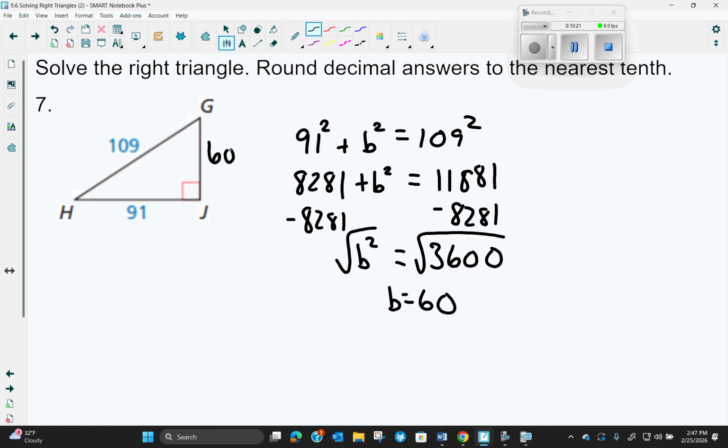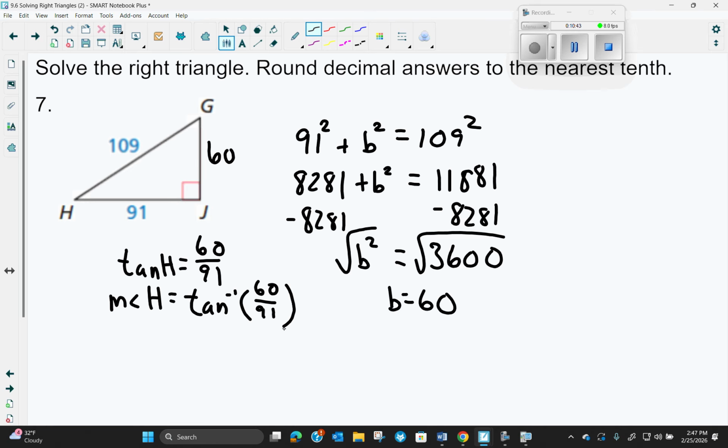So I'm just going to find H. So I'm going to go tangent of H is equal to 60 over 91. To get the measure of H, I'm going to go inverse tangent of 60 over 91.